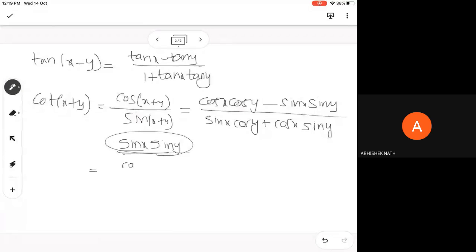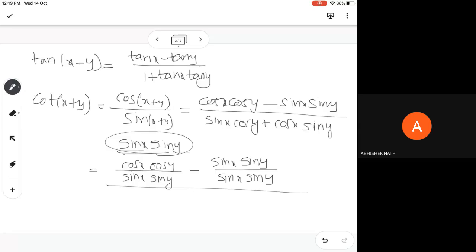You see here cos x cos y by sin x sin y, minus sin x sin y by sin x sin y, by sin x cos y divided by sin x sin y, plus cos x sin y divided by sin x sin y.